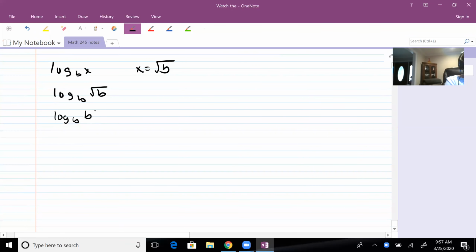Remember that anytime you have a square root, its exponent is 1/2. Imaginary 1 here makes the numerator, imaginary 2 here makes the denominator of that fraction. So once I get to that phase, again, log base b of b is gone, and that exponent you're left with is your answer.